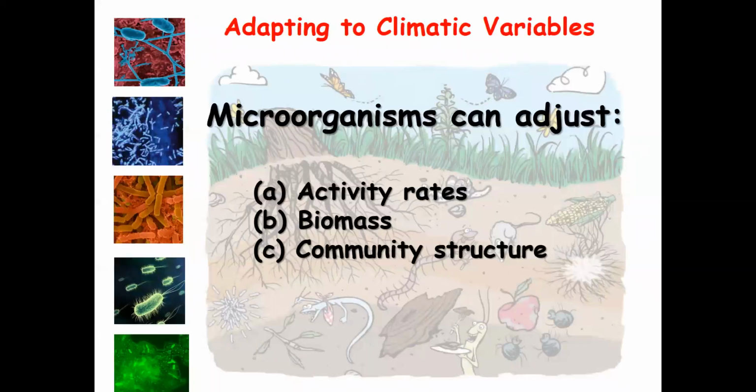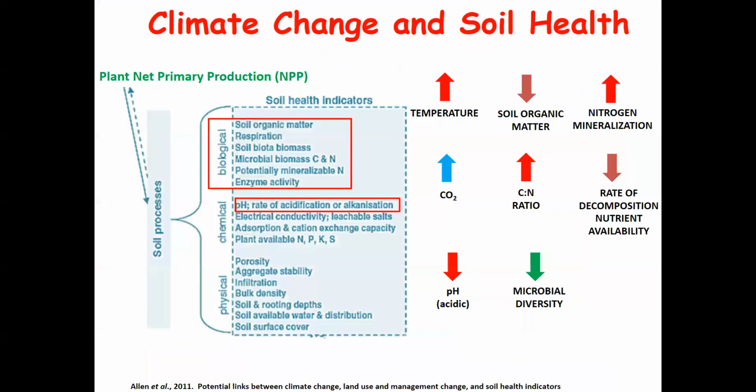Microbes can adapt to climatic variables by adjusting their activity rates, their biomass, and the community structure. And these adaptations can have huge impact on what happens in the soil.